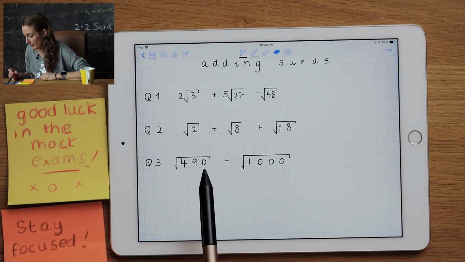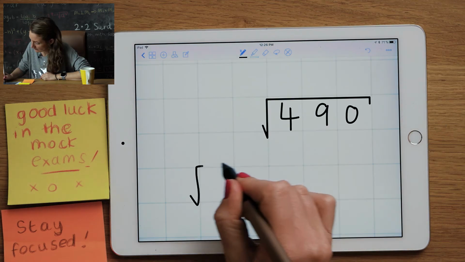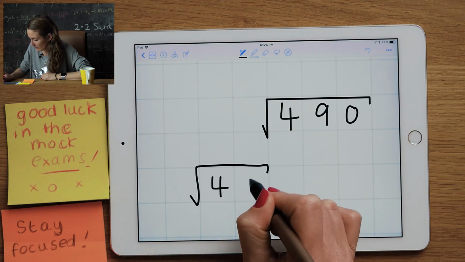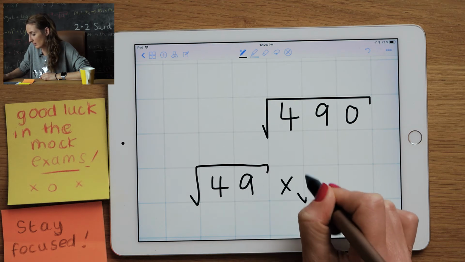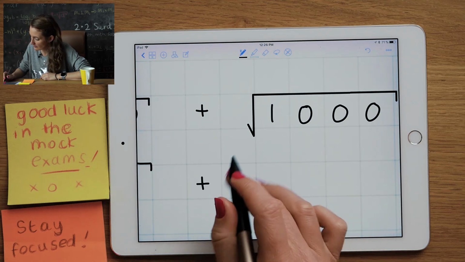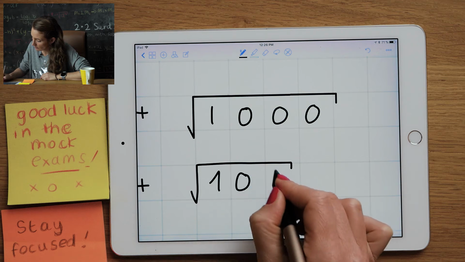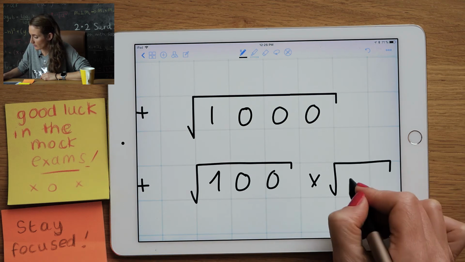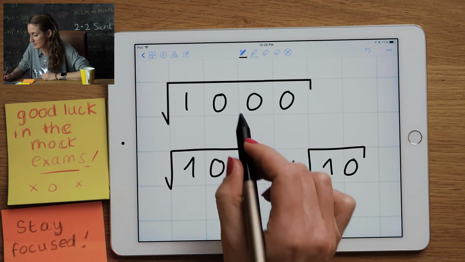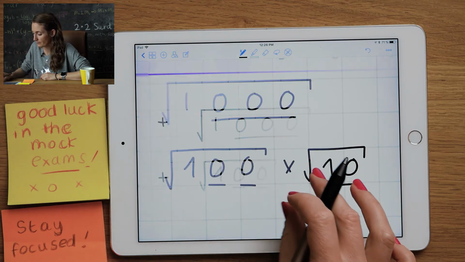Looking at question 3, I can see that they all end in a 0. So I'm going to express all of these in terms of square root 10. So this will be 49 times square root 10. Add, if I take away, this will be square root 100 times square root 10. So I should end up, when I'm multiplying by tens, if I started with 3 zeros, I should end up with 3 zeros as well.